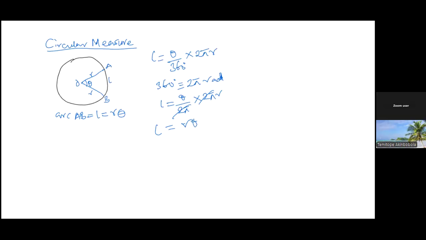So you have theta as the angle subtended at the center. This is the formula for finding length of arc. Now, you can also find the area of the sector AOB.